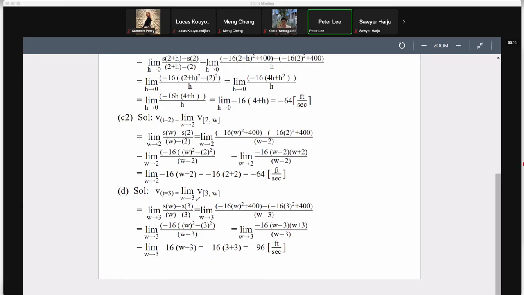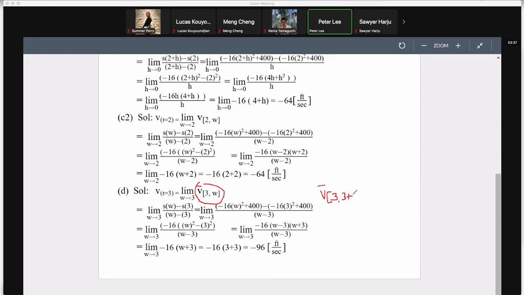So that is D. Now, if you want some practice, this is what I want you to do. Instead of the average velocity from t equals 3 to 3 plus w, why don't you try to take the average velocity from 3 to 3 plus h, and then take the limit as h is approaching 0. That will be a good exercise.